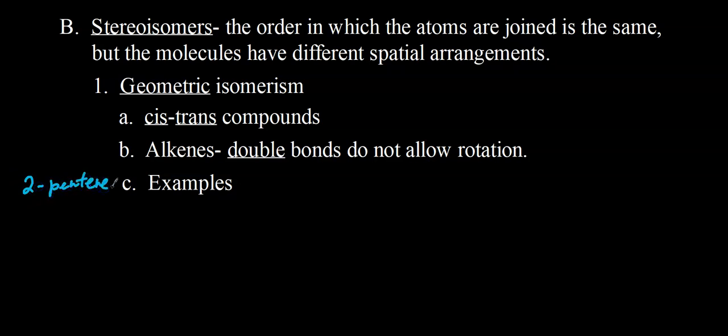Now, if we draw it straight, don't draw it straight, but I just want to show you. 2-pentene looks like that. We don't know if this is cis or trans because we didn't draw it the right way. So always draw the carbons that are double bonded to each other first and show their trigonal planar geometry. So let's go ahead and do that.